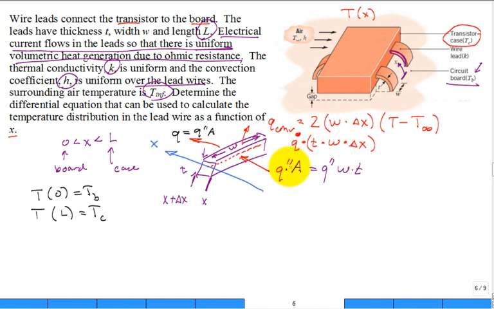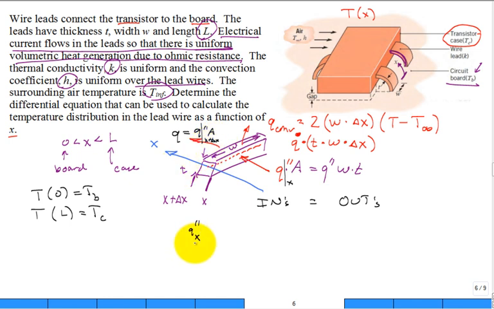If you followed all that, this is easy now. So you just do this. You could write it a couple different ways. The sum of the ins are equal to the sum of the outs. Let's do an in. Let's do a Q double prime at X. Maybe I should have emphasized, this flux is at X. This flux is at X plus delta X. They are slightly different, aren't they?